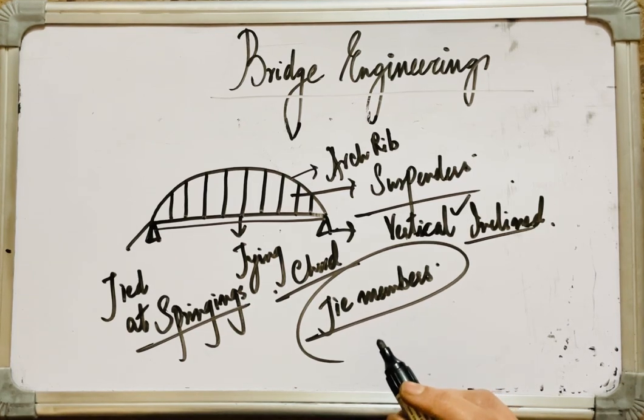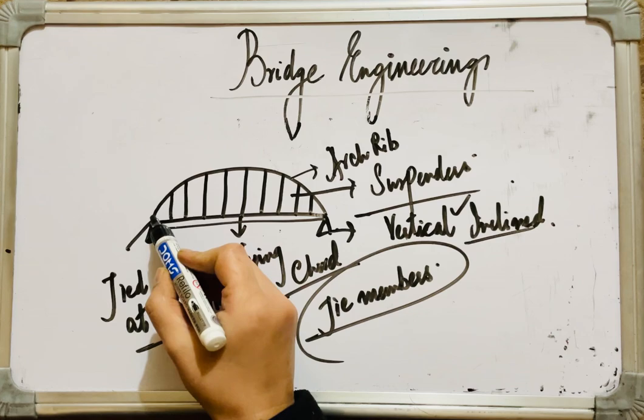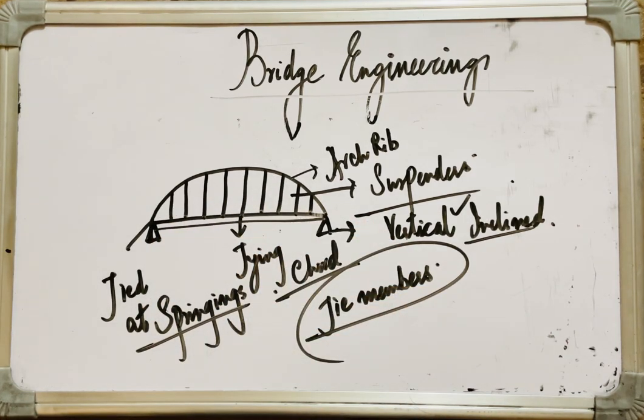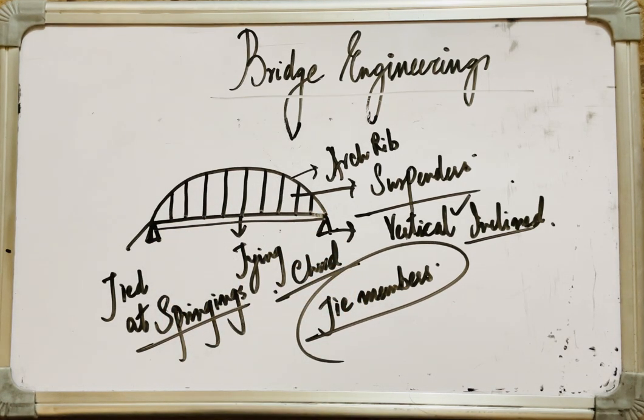And the deck, this bowstring girder, projects above the formation level of the road, so the arches are not placed beneath the deck.